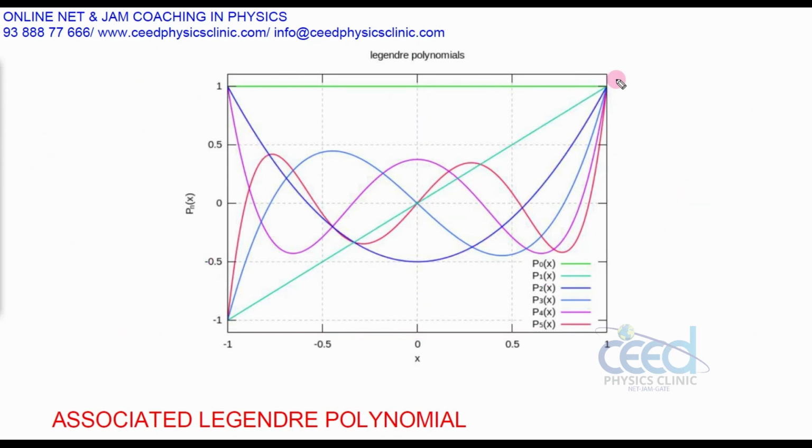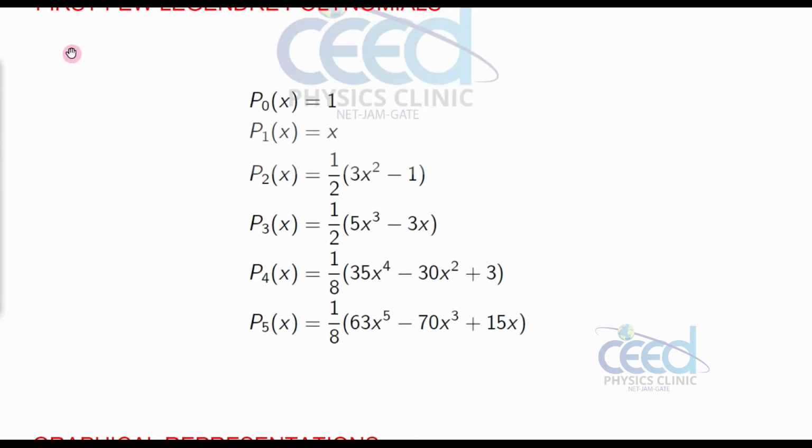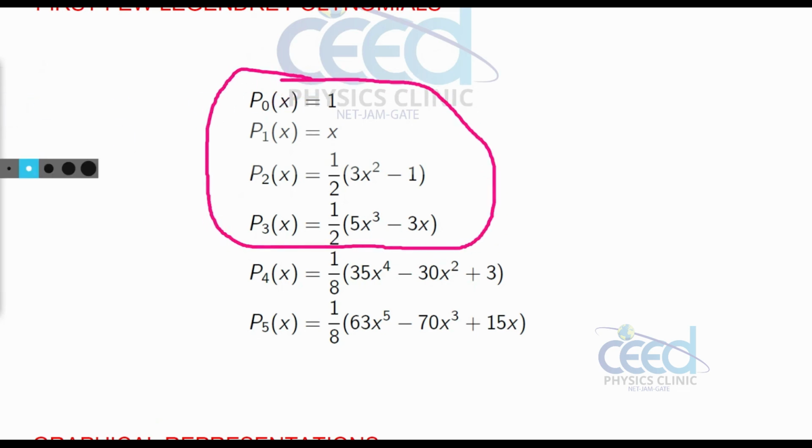But you have to memorize all the polynomial equations, so that is already given here. You have to memorize at least the polynomials P0, P1, P2 and P3. It is very difficult to find them from the Rodrigues formula beyond P0, P1 and P2. To find P3 of x, you need the third derivative of a complex function.